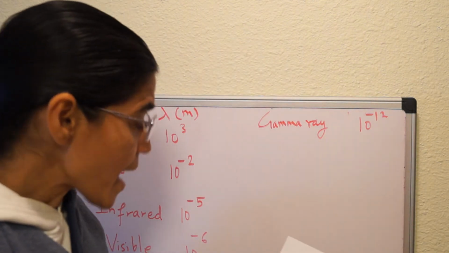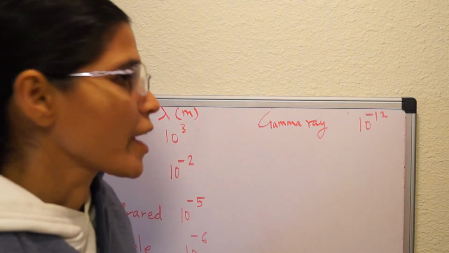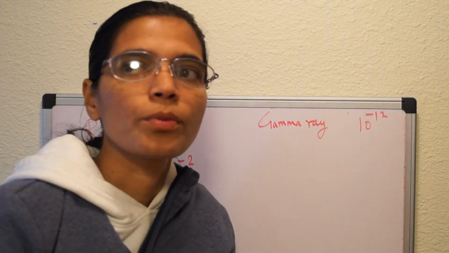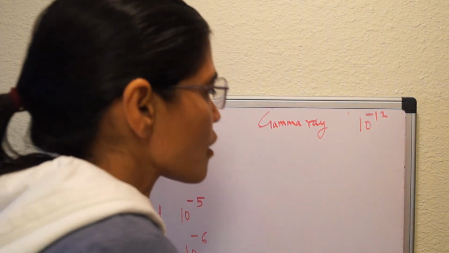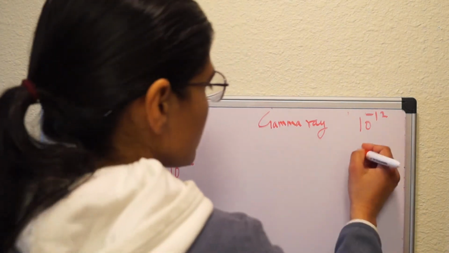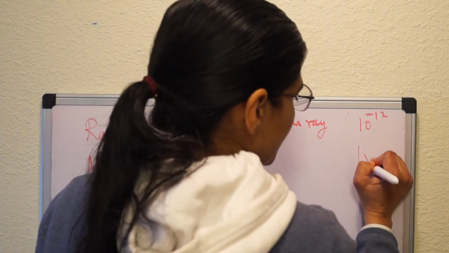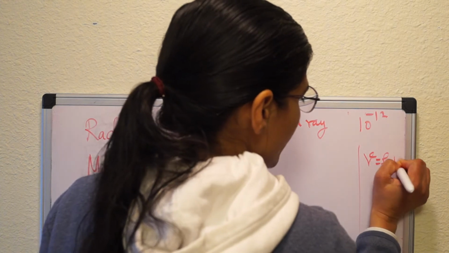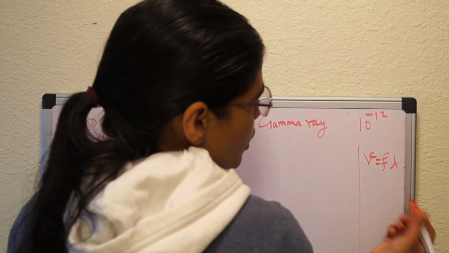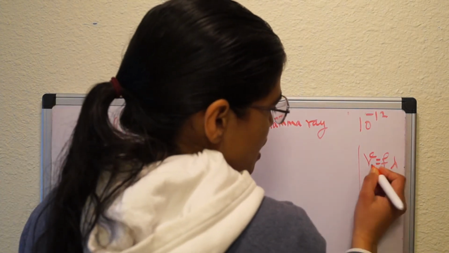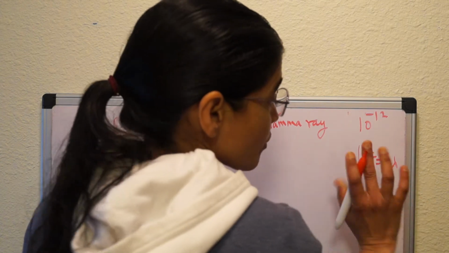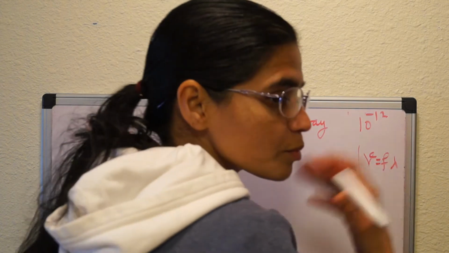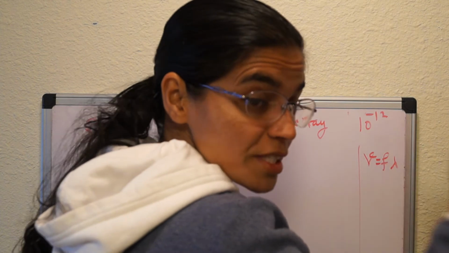Now that was in terms of wavelength. We looked briefly at v equal to f times lambda, right? This v doesn't depend on lambda or f, only for now. This will change later on.